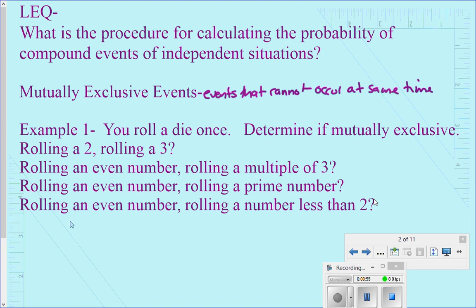Then not mutually exclusive events are events that occur at the same time.